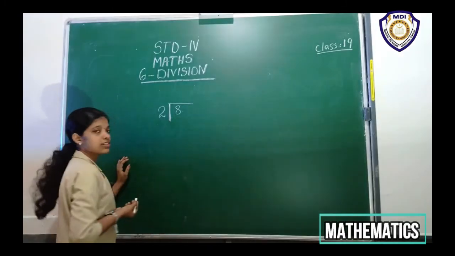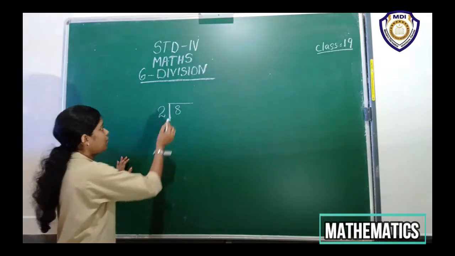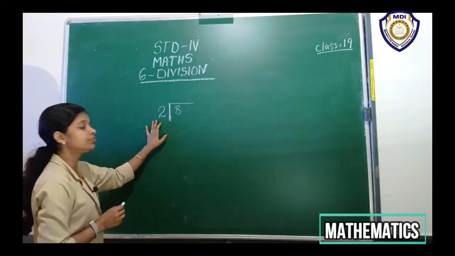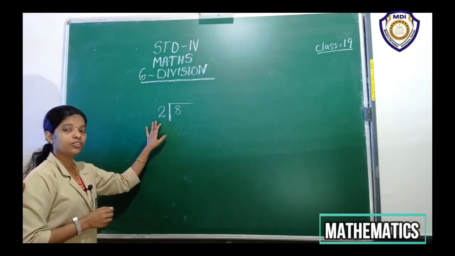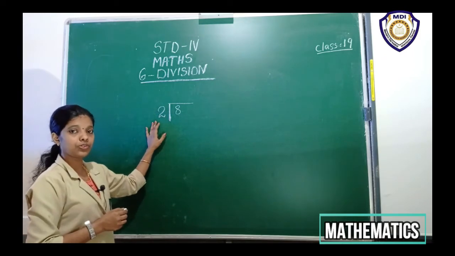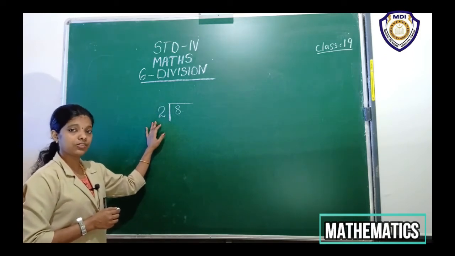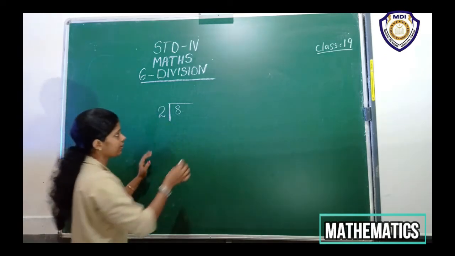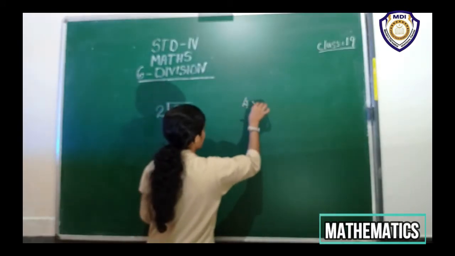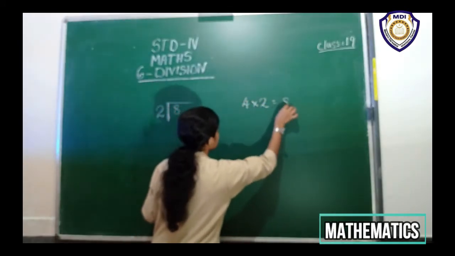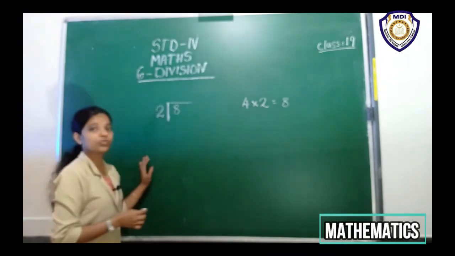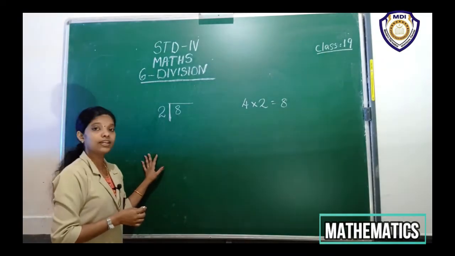We take 2's table. 1 to 2, 2 2s are 4, 3 2s are 6, 4 2s are 8. 4 into 2 equal to 8. We get the answer 8.